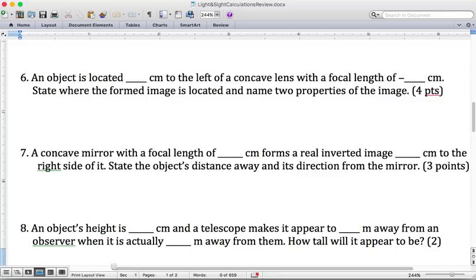So the telescope makes it appear to be blank meters away from an observer when it's actually blank meters away from them. So the appearance is the image, and where it's actually at is the object's distance. So let's just choose any two numbers here.